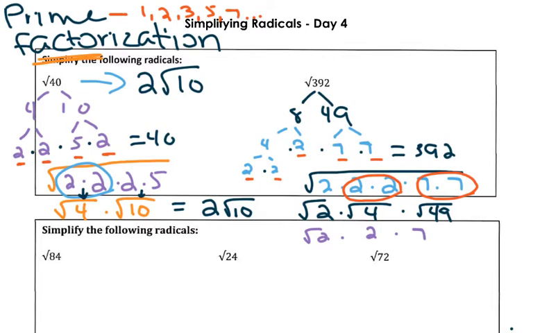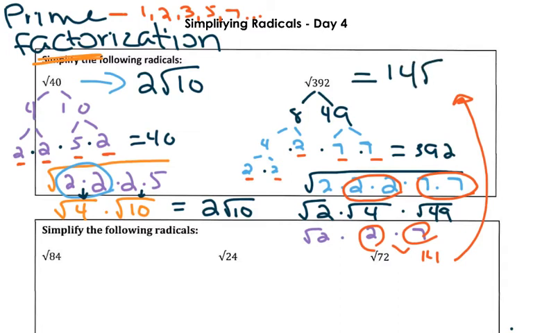So 2 times 7 would give me 14. So in conclusion, when I simplify radical 392, that would be equivalent to 14 radical 2. Okay, so there are a bunch of these for you to try out today, and that's it.